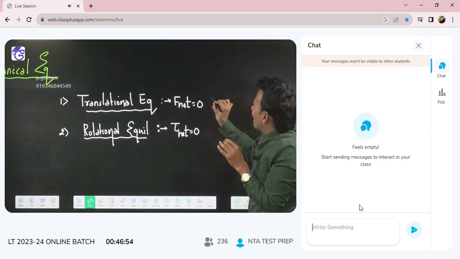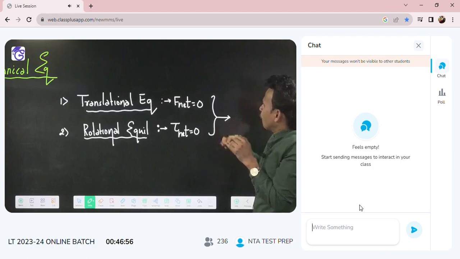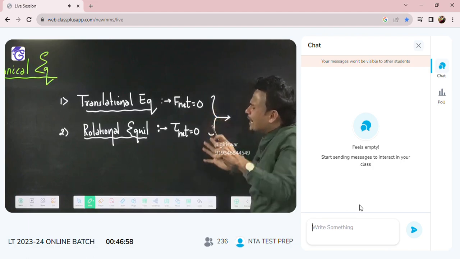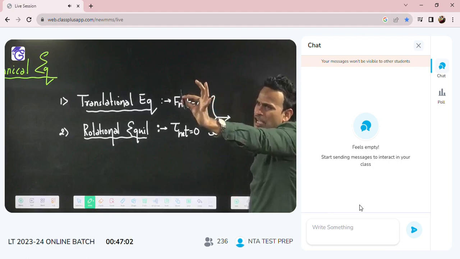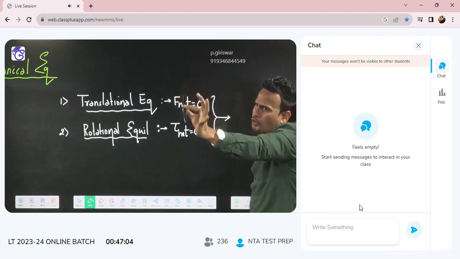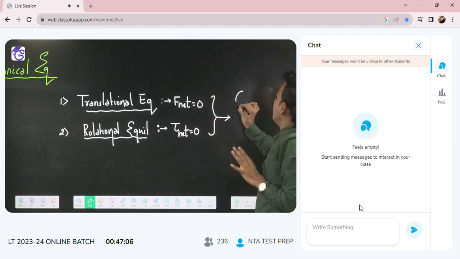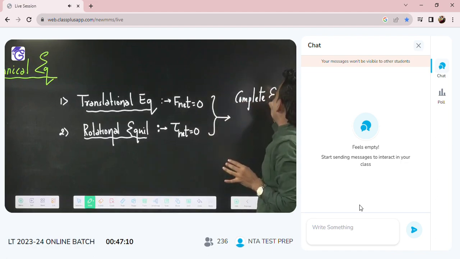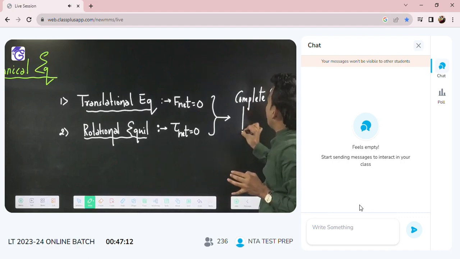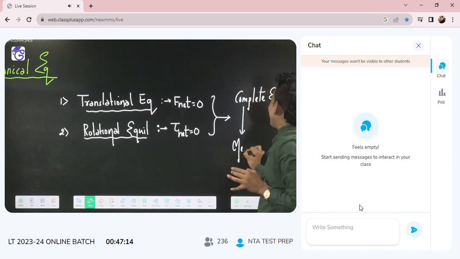And when the body has both equilibriums, for example, a body is neither translating nor rotating. Look at this pen. This pen is neither translating nor rotating. So when a body does not translate and does not rotate, we call it a body in complete equilibrium. And that complete equilibrium in physics we name mechanical equilibrium.